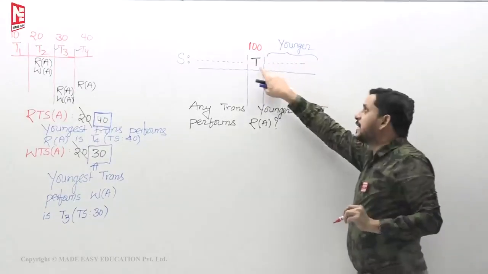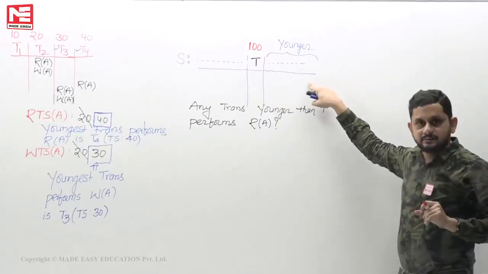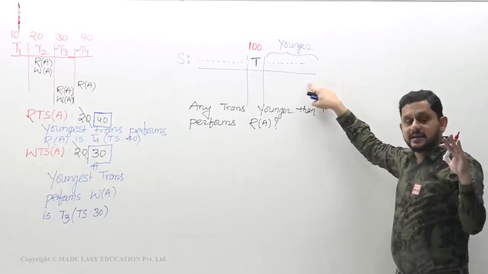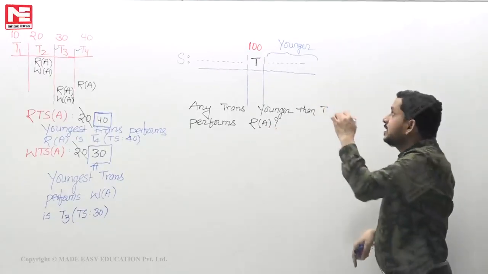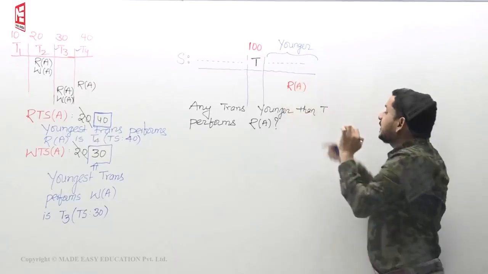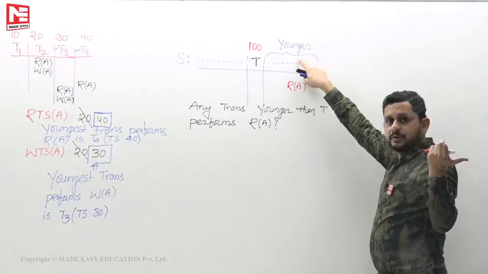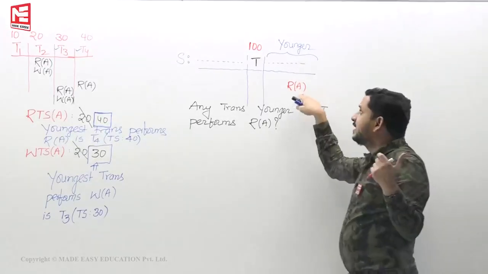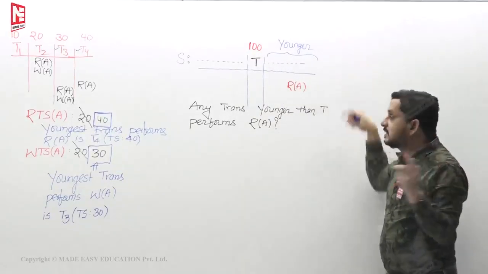If T's timestamp is 100, a younger transaction's timestamp is more than 100. If some other transaction younger than T, whose timestamp value is more than T's, did the read, then the read timestamp value of A becomes this maximum value because it's a younger one. If the read timestamp value of A is more than 100, it means a younger transaction than T did the read.